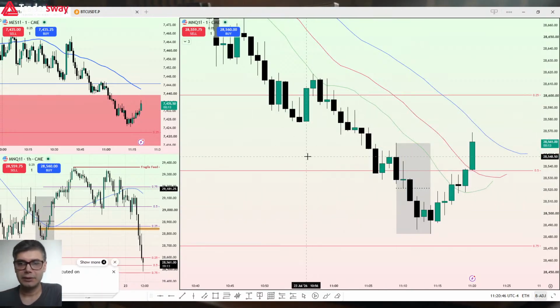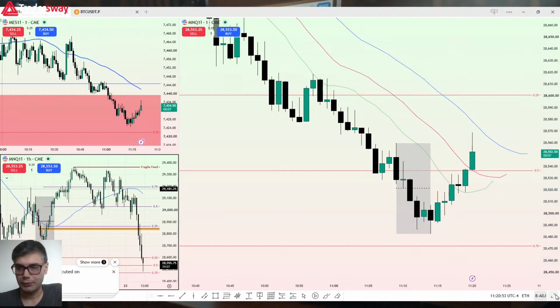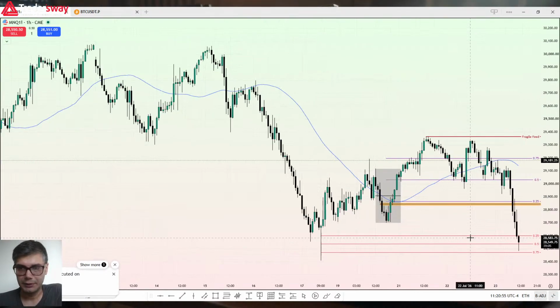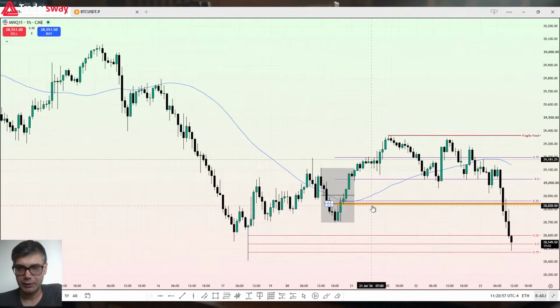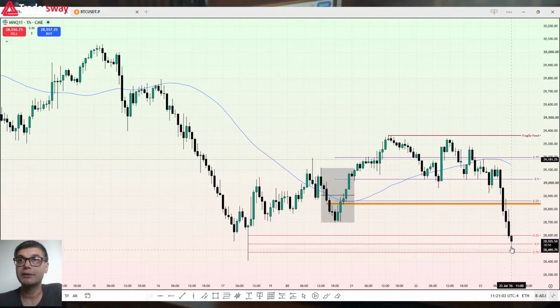All right, now that trade is closed in profit, what I want to do is look at my 1 hour time frame. In the 1 hour time frame, the price has stepped into this tail, 50%, 75%, and now we are having that bounce. So that's why I'm interested in going long.